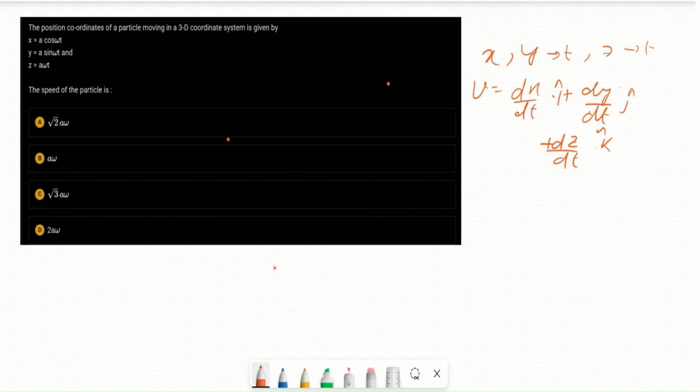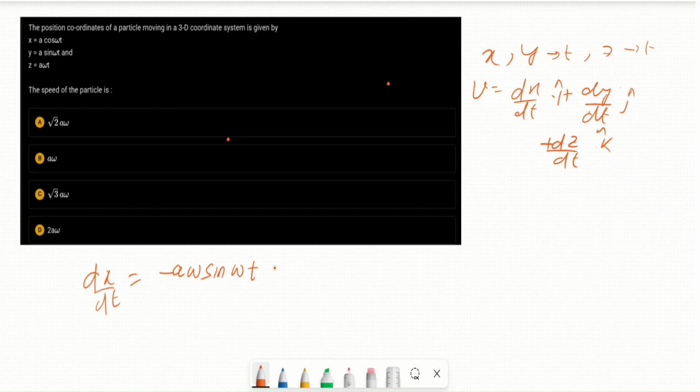So in this case, let us calculate. So dx by dt is equal to minus a omega sin omega t, right? Because the derivative of cos omega t will be minus sin omega t, and omega comes forward, so minus a omega sin omega t.